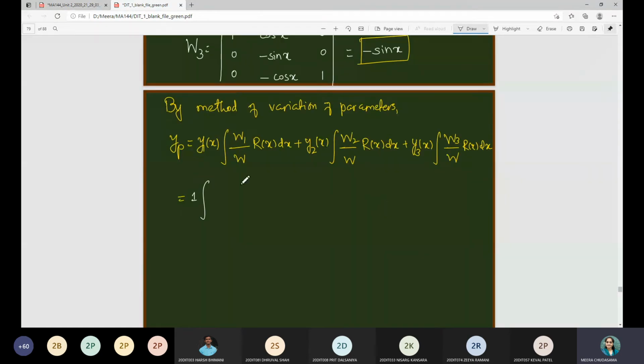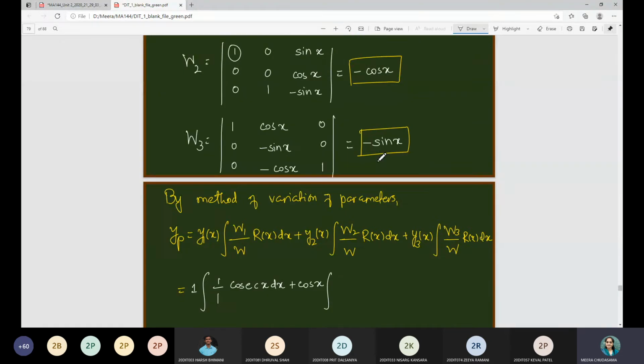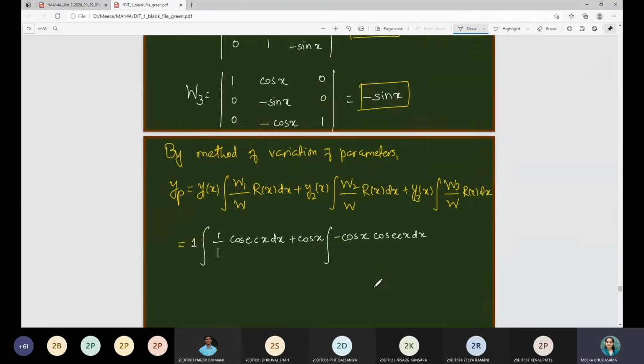So it is 1 upon 1, the right hand side function is cosec x, dx, plus y2 is cos x, W2 is minus cos x, into r of x, that is cosec x, dx, plus y3 is sin x, integration W3, that is minus sin x upon 1.